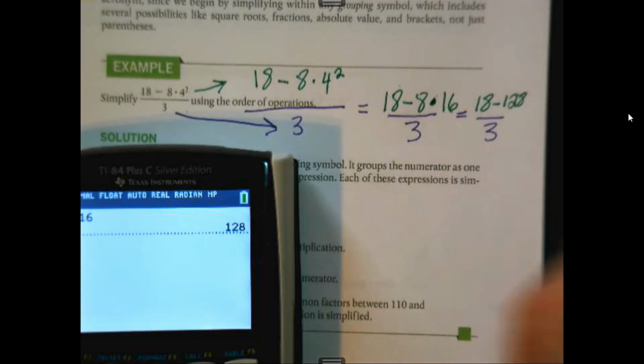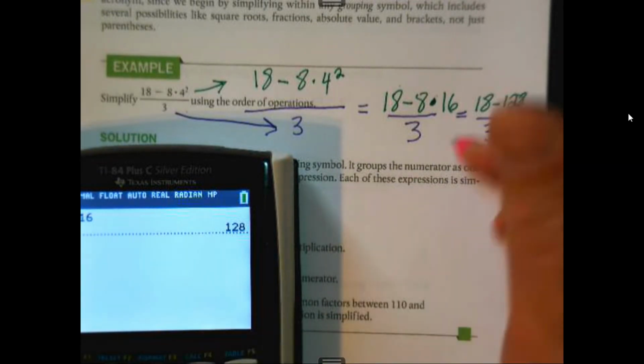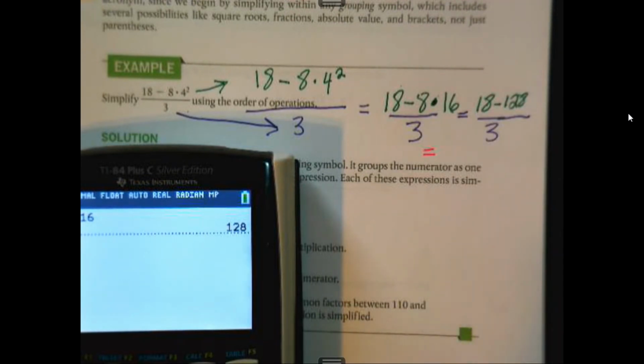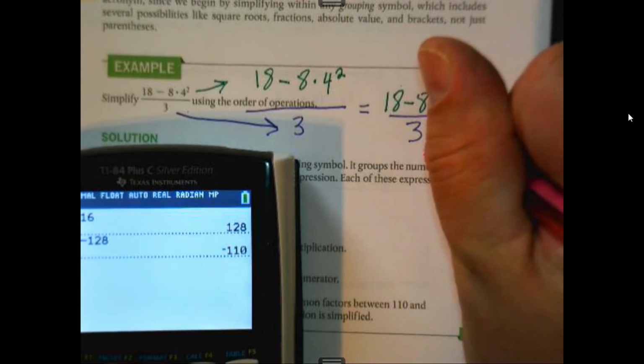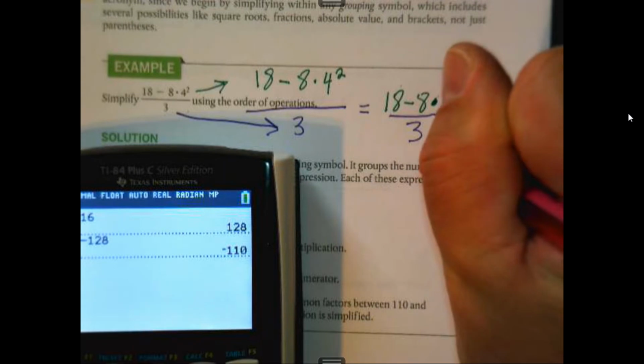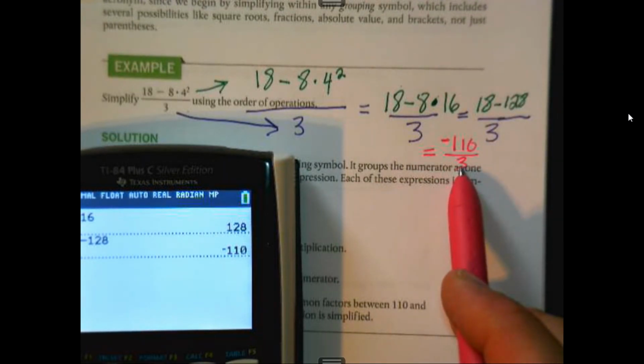Then I'm still looking at that numerator, and then I have addition and subtraction. Subtraction first. It's going to be 18 minus 128. As long as you have a calculator available, use it. So I have negative 110 divided by 3.